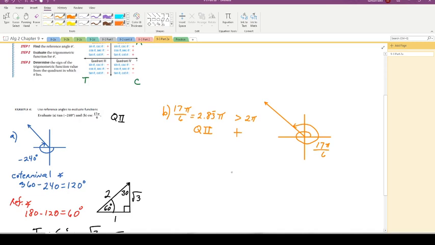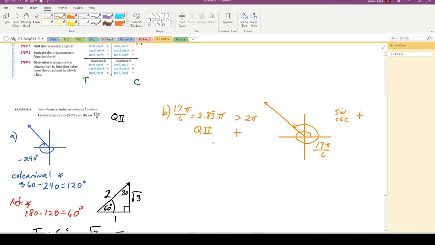I'm going to write that so I can remember it: since the sine is positive and the cosecant is positive, sine and cosecant are positive.